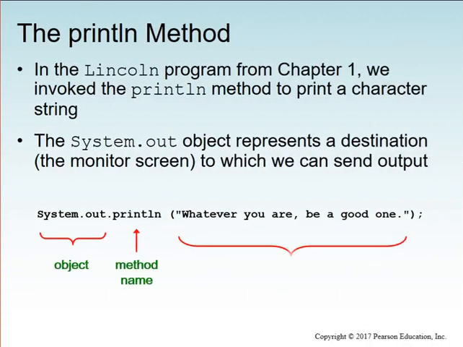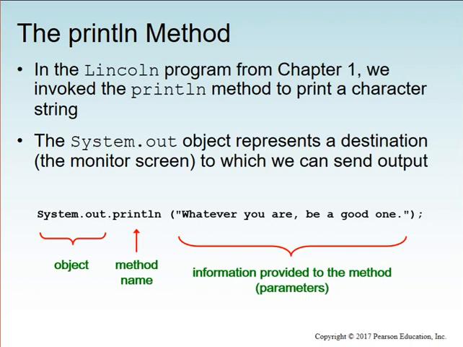So, character strings are usually used for outputting information, be it to gather data from a user or to print messages out to show the state of a program or the results of calculations, etc. So in the Lincoln program from chapter 1, we invoked a method called println to print the character string, "Whatever you are, be a good one."